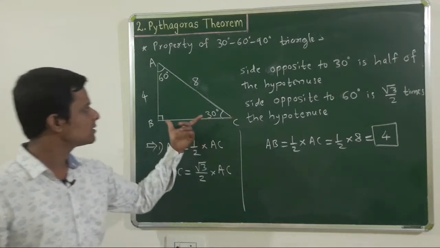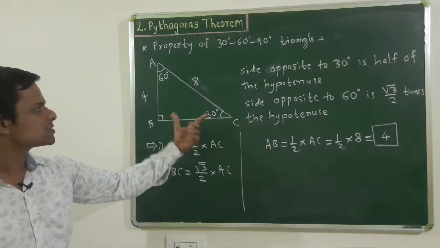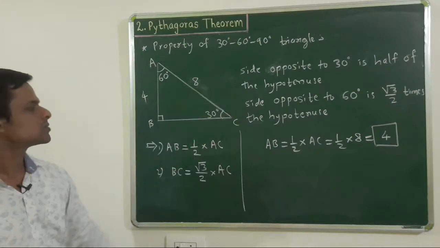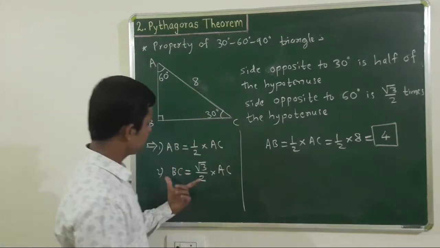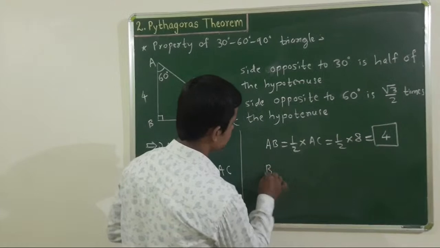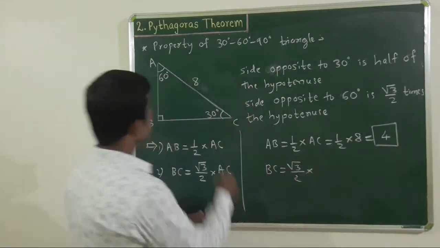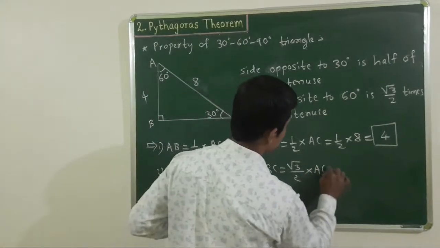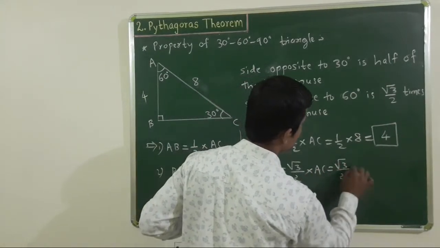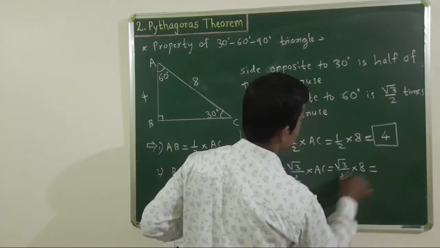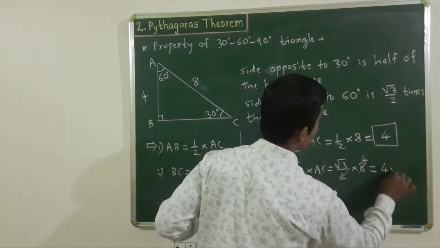Similarly, by using AC we can find BC also, or we can use the Pythagoras theorem also, but we'll use this one, that BC is equal to root 3 by 2 times AC, that is root 3 by 2 times 8, that is 4 root 3.